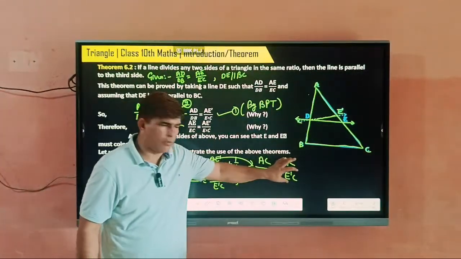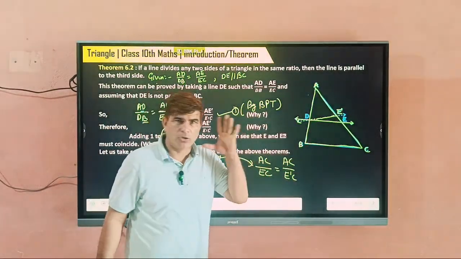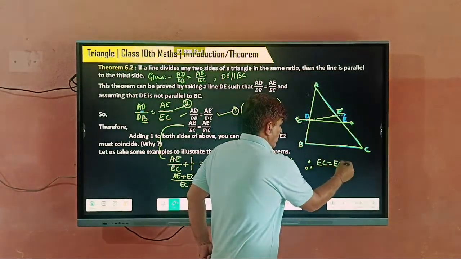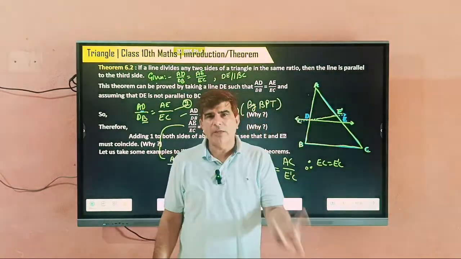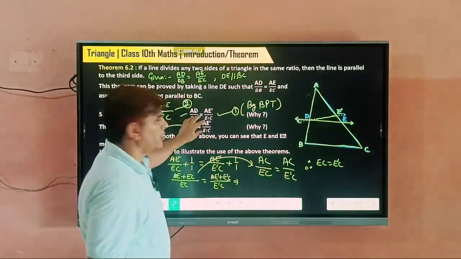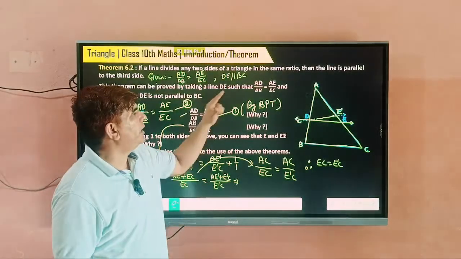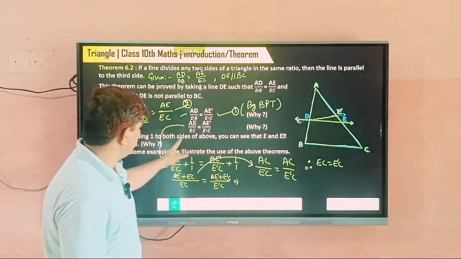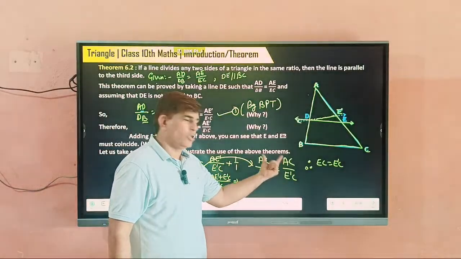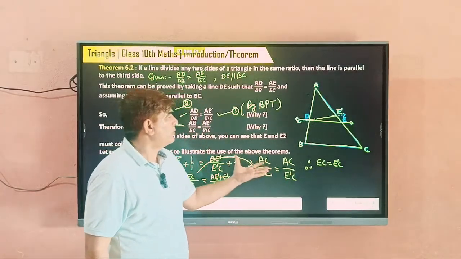The numerators are equal, so definitely the denominators are also equal. Therefore EC equals E dash C. Otherwise this is not possible. It is possible only in one condition, when E and E dash are the same point. So this is the proof.